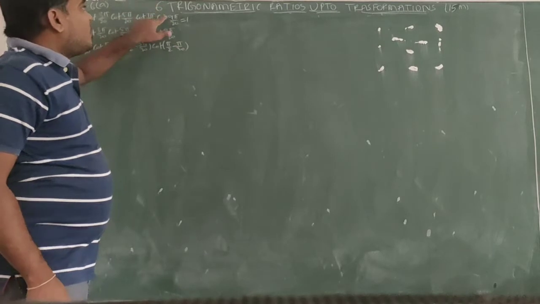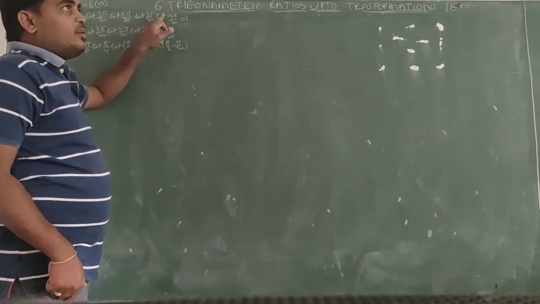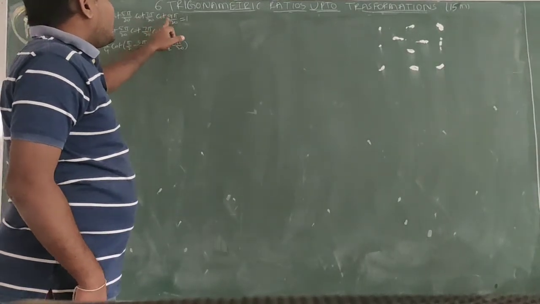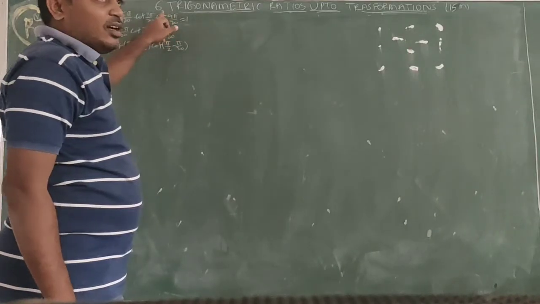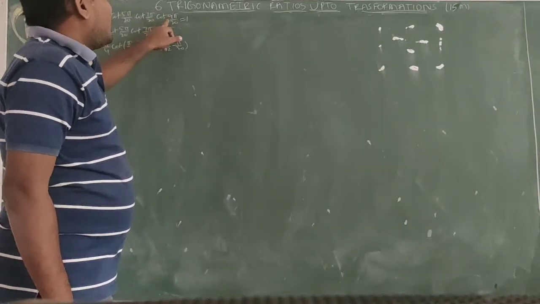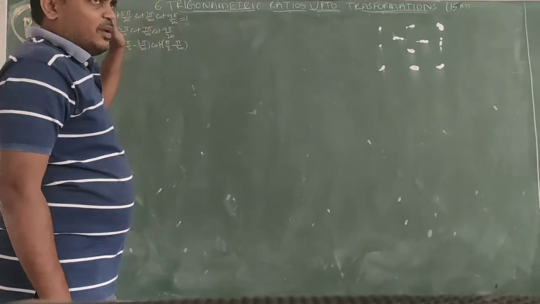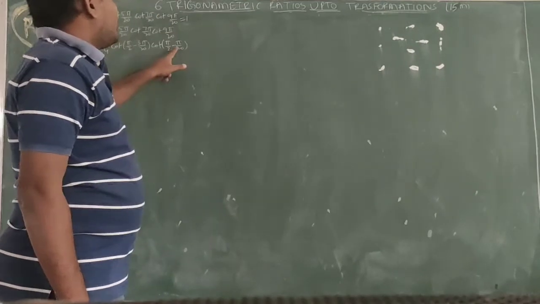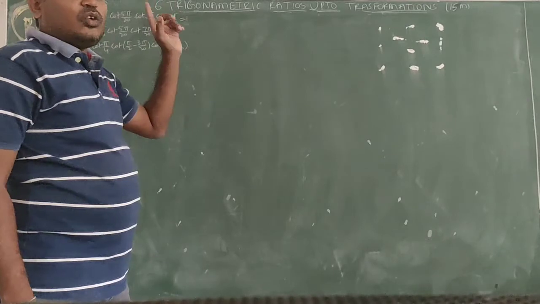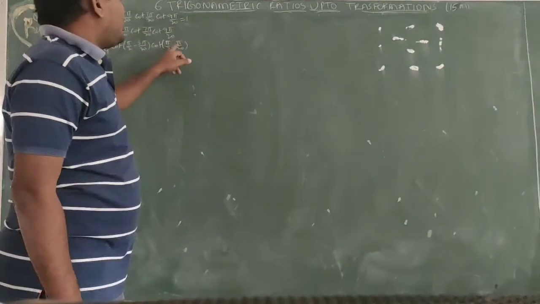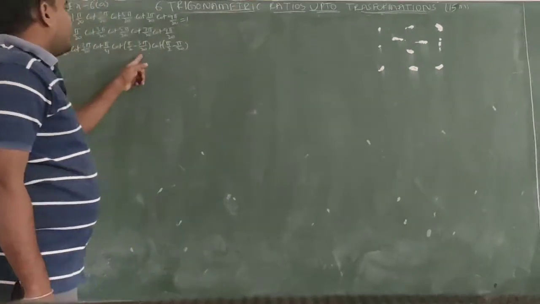If it is 19 pi by 20, we write pi minus pi by 20. If it is 21 pi by 20, we write pi plus pi by 20. If it is 9 pi by 20, it is less than half, so pi by 2 minus pi by 20. If it is 11 pi by 20, it is more than half, so pi by 2 plus pi by 20. So 7 pi by 20 is pi by 2 minus 3 pi by 20.